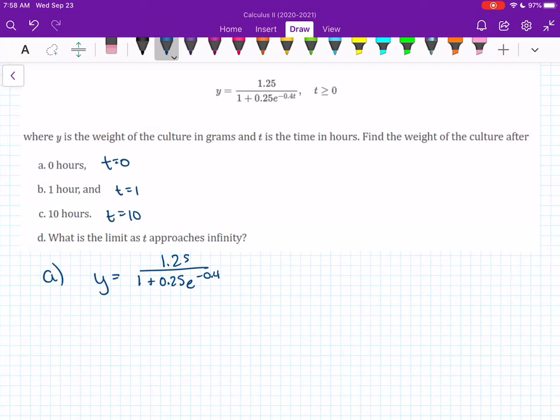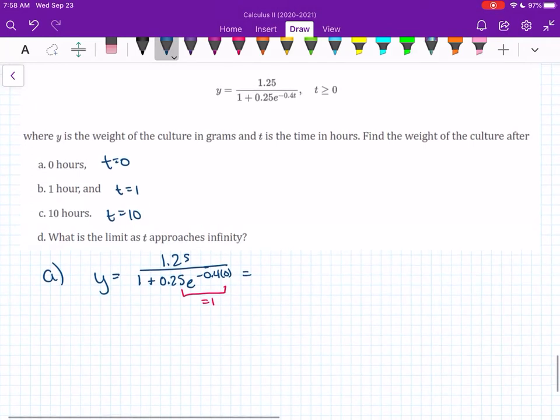And so then for this one, I'm just going to get exactly 1 gram. Oh, because I'm plugging in 0. So times 0, sorry. E to the 0 equals 1. So then I get 1.25 over 1.25. And I get 1 gram.